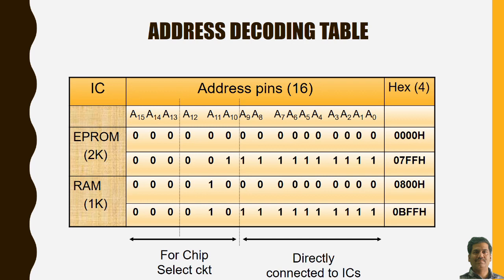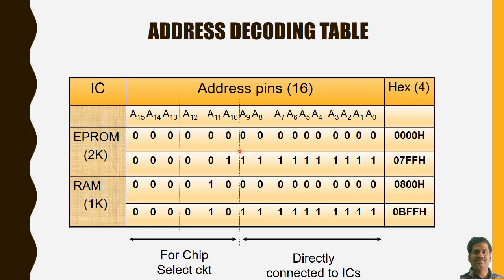Now in this particular case, it is up to the designer how he designs the chip select logic. But one thing we know, that the address range for this EEPROM is from A0 to A10, that is 00000 to 11111.